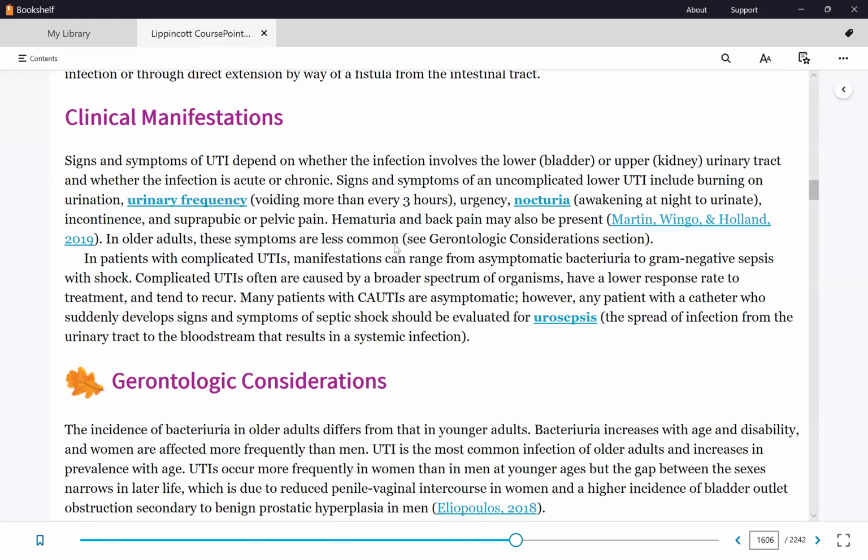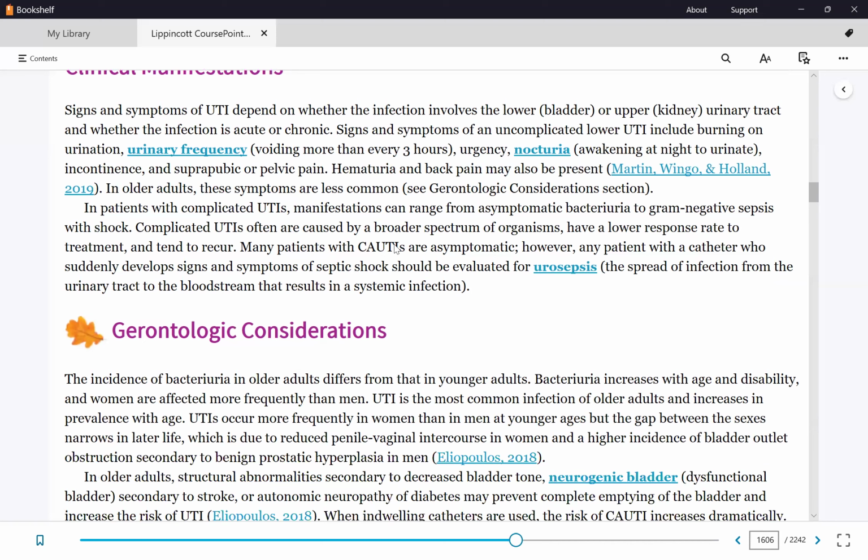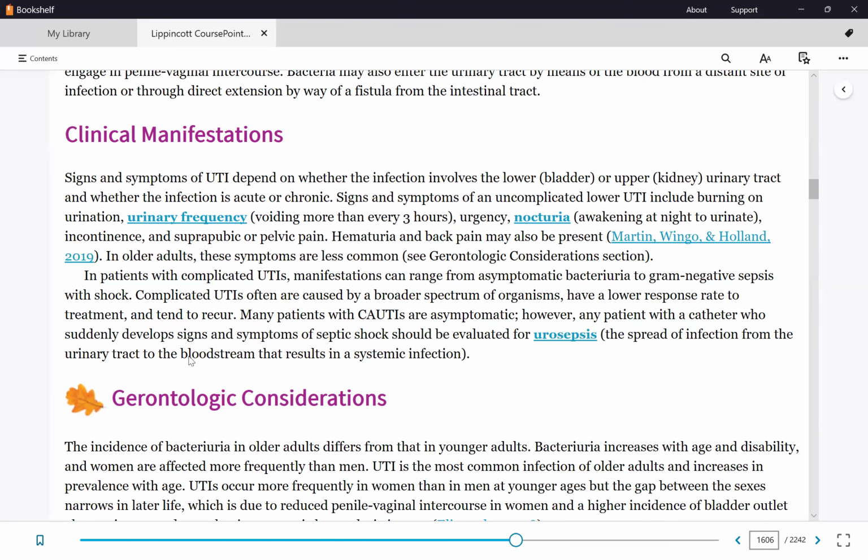So like I said, there are complicated and uncomplicated UTIs. And here is the manifestation. If it's complicated, meaning these are serious organisms causing them, and if it's a complicated UTI, they usually progress to urosepsis.